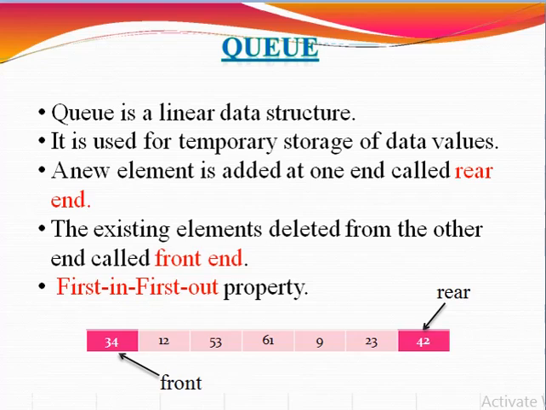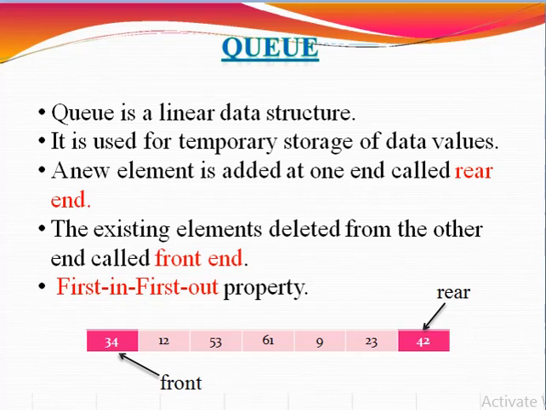One end is always used to insert data, and the other end is used to remove data. A new element is added at the end called the rear end, and existing elements can be deleted from the other end called the front end.